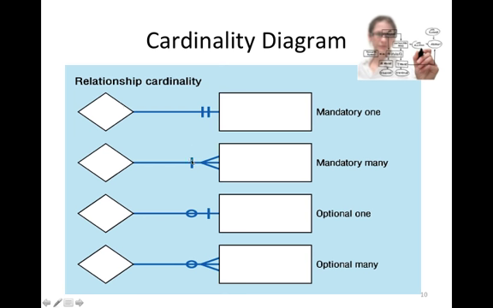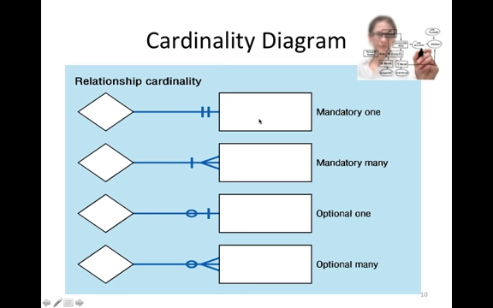Mandatory, mandatory, optional, optional, mandatory 1, mandatory many, optional 1, optional many. So the multiple lines means many. The single line means 1. The first indicator indicates if it's mandatory or optional.